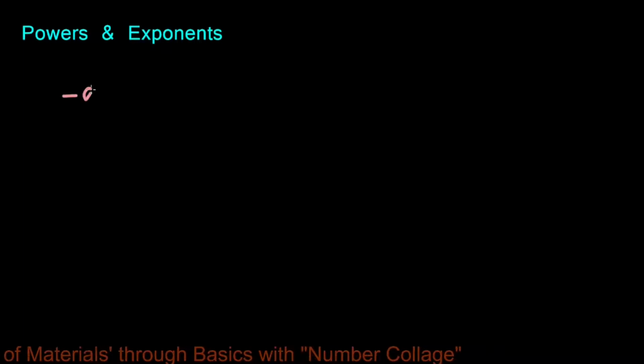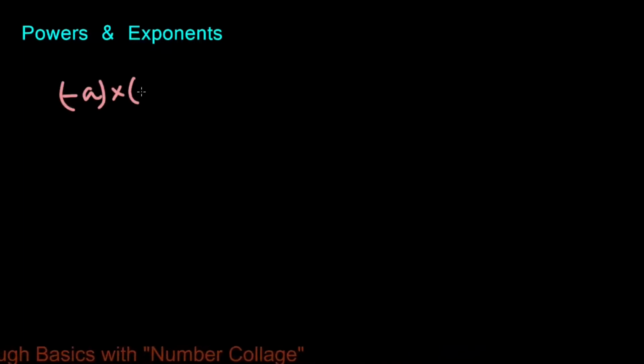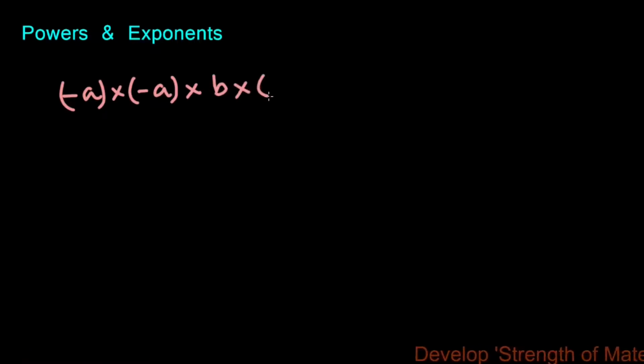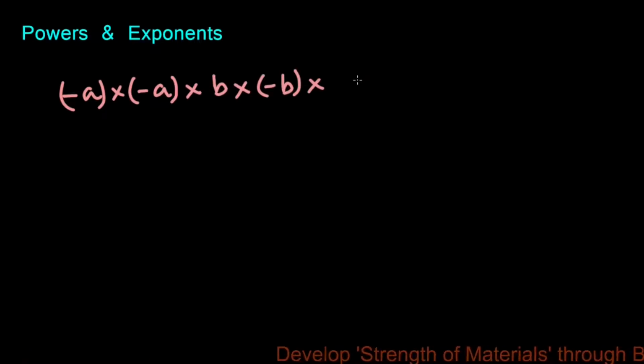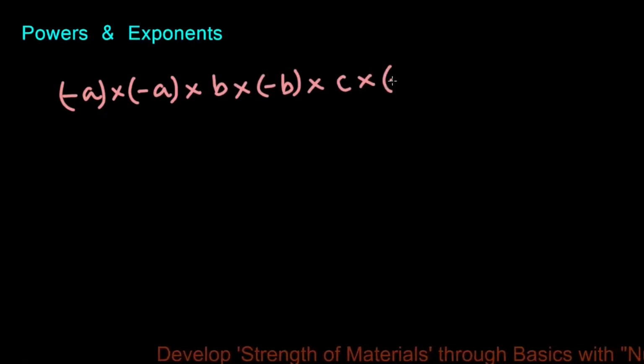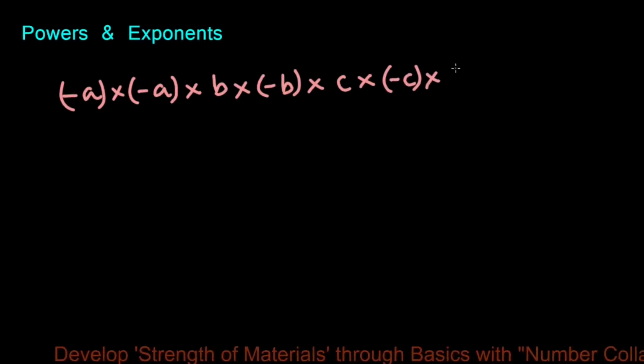We can also use any negative integers: minus a multiplied by minus a multiplied by b multiplied by minus b multiplied by c multiplied by minus c multiplied by minus c.